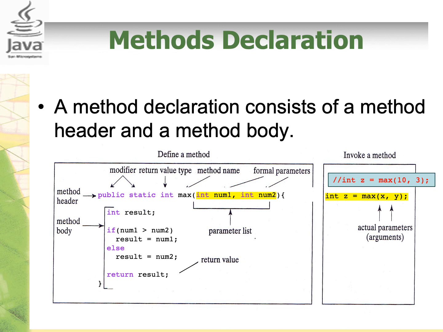To make sense of it, we can write max(10, 3). We can enter the numbers straight away or through variables. When we write int z equal to max(x, y), this line means whatever the result from the max method will be is kept in the z variable. So, return result means it will pass the value of result back to variable z.